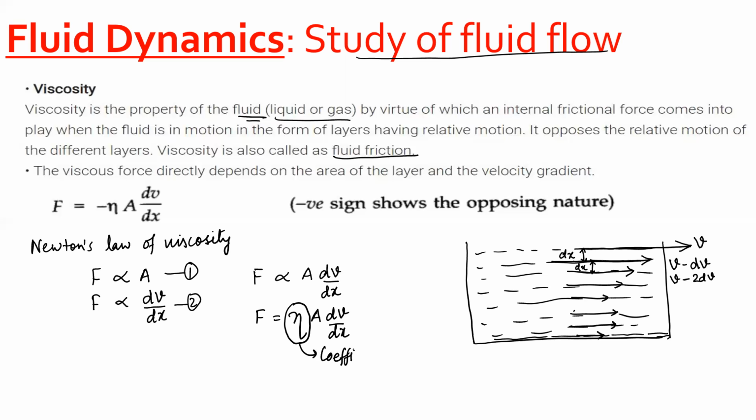It is the same as we write the frictional force as mu into N, and this mu is called the coefficient of friction. So here we got the formula to find the viscous force.